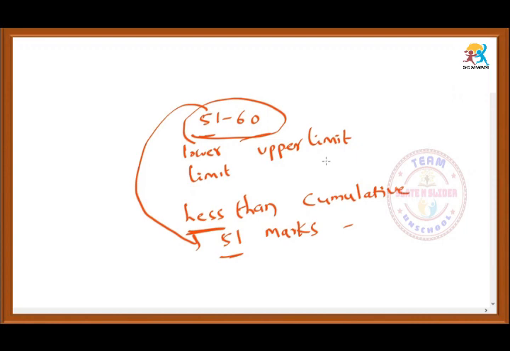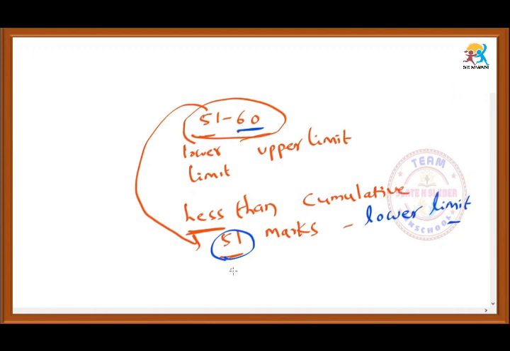How should we find the number of students who got below 51? It is not possible. That's why we should not find the number of students who got below 51 marks. So while finding the less than cumulative frequency, we should not consider the lower limit or lower boundary. For the same class interval 51 to 60, shall we find the number of students who got below 60?